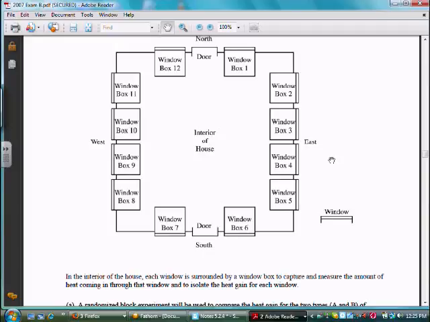So I'm thinking I might block all those ones on the east, and all those ones on the west, because these guys are all of one sort, and these guys are all of another sort. And then, how do I assign my treatments?